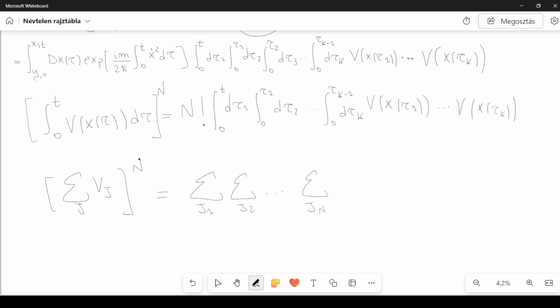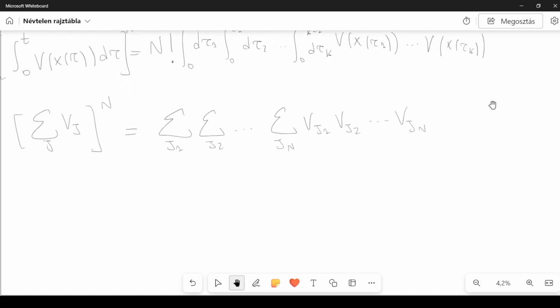So you can write a product of summations with different integer values to sum over. So you have vj1, vj2, dot dot dot vjn.